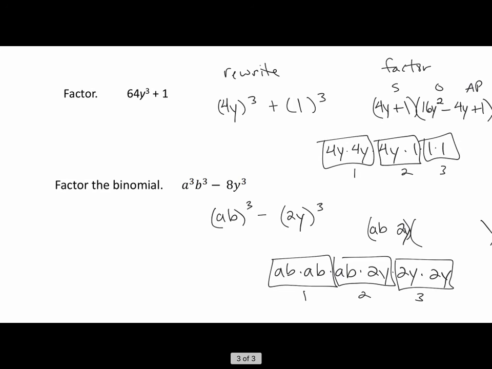Okay, so the first term, if we multiply AB times AB, that's A squared B squared. The second term, AB times 2y is 2ABy. And then the last term, 2y times 2y, is 4y squared. So then we can put the signs in. Same is negative, opposite is positive, and always positive for the last sign.